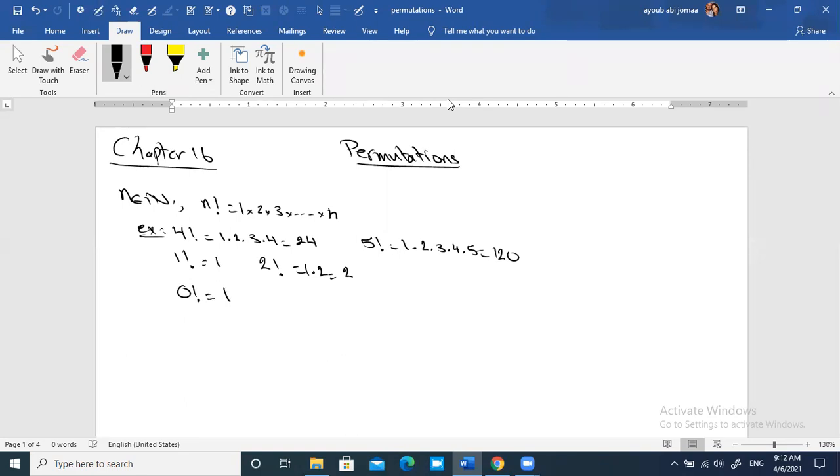Just accept for now that 0 factorial is equal to 1.